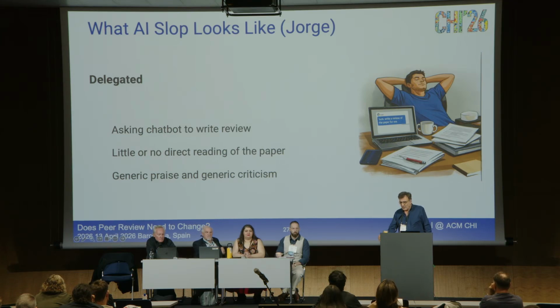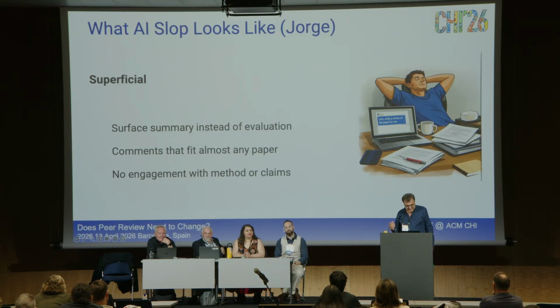And what it does look like here is the capital sins: delegation, asking a chatbot to write a review, little or no direct reading of the paper, and chatbots are incapable of rejecting anything. They always say, this is a nice paper, and offer some general praise.